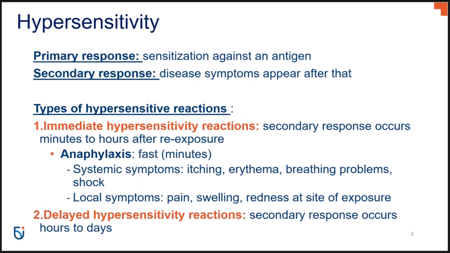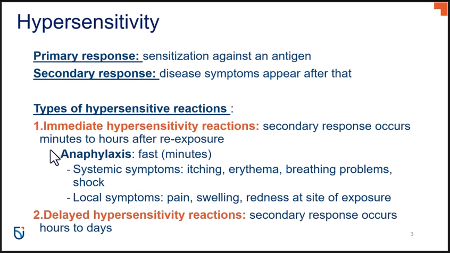Some individuals are going to become sensitized really quite rapidly, so after maybe having one single exposure to an antigen, whereas others require multiple exposures that may occur over years. Now, after sensitization has been achieved, hypersensitivity reactions can be considered to be immediate or delayed, depending on the time between re-exposure to the antigen and the onset of clinical symptoms.